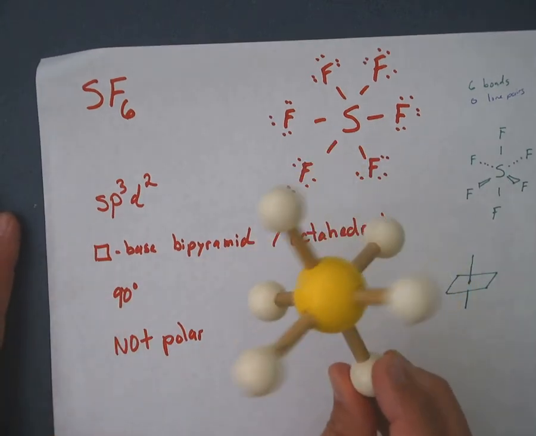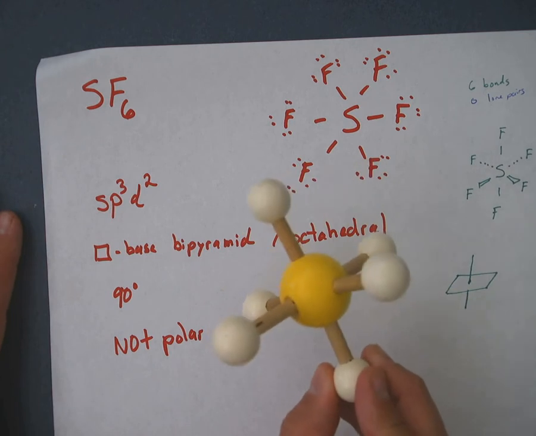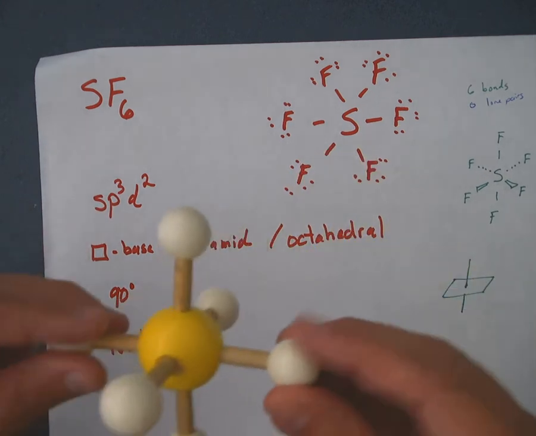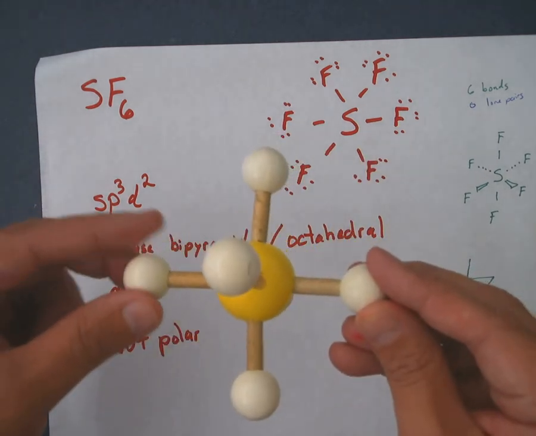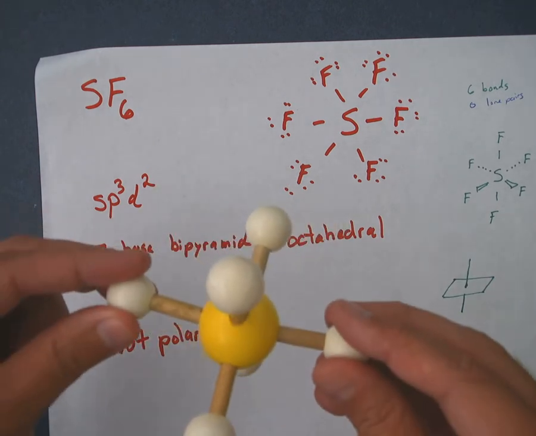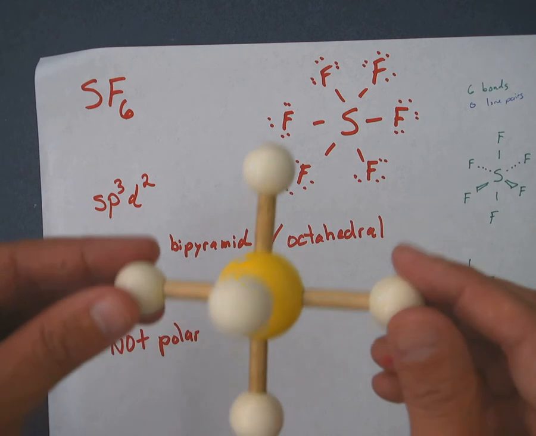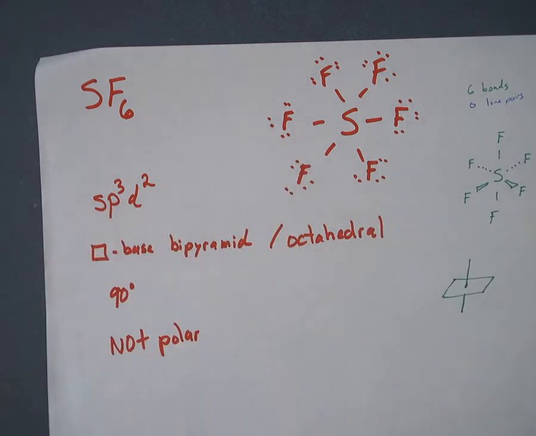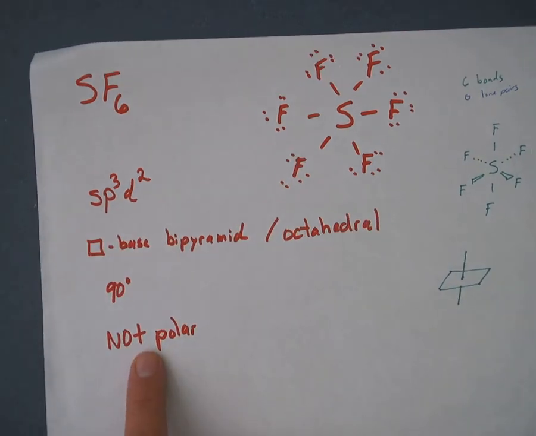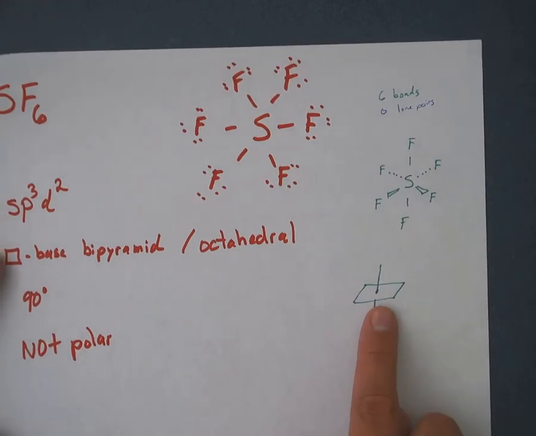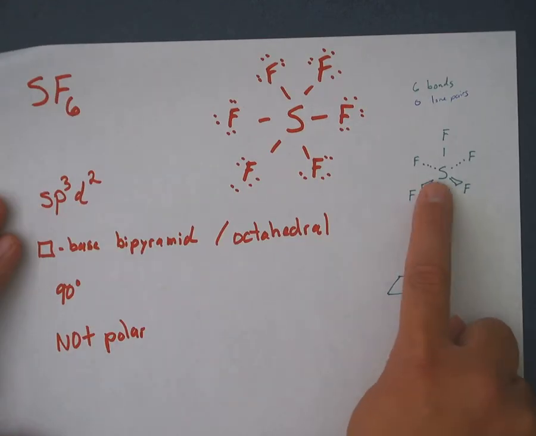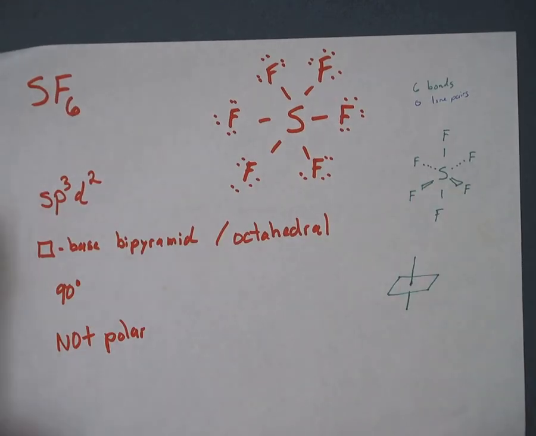Every single bond angle is spread out as far as possible, 90 degrees. And these two would cancel out each other for polarity. These two would cancel each other out. And these two are also equally opposite directions in space and would cancel out. So it's not a polar molecule. You could draw it like this, or you could try to do the wedge and the dots to show 3D.